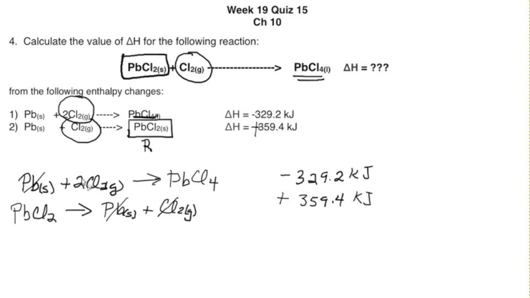When we do that, we have to take away one of them over here. So that's going to leave us with 1 Cl2. And then for our product, we have PbCl4, which is right there. So we end up with PbCl2 plus Cl2 yields PbCl4. Okay, and let me go back and put in the little symbols for everybody.